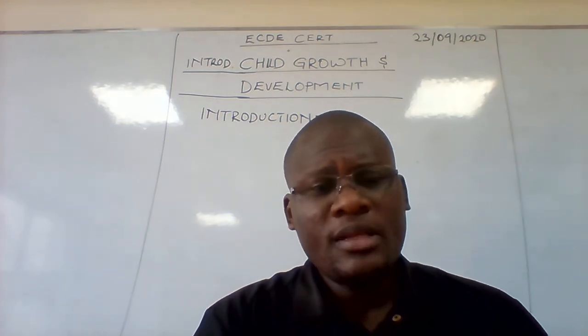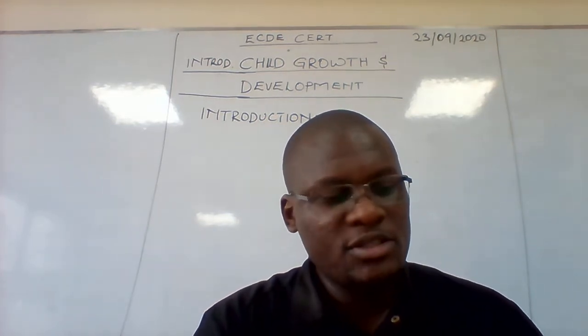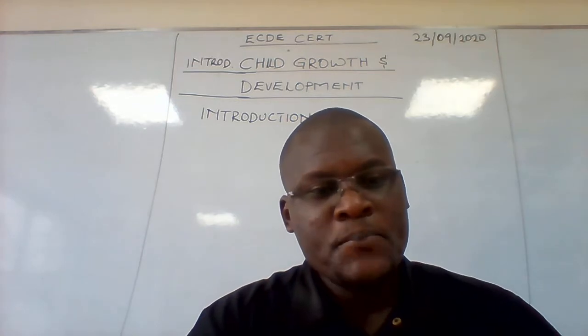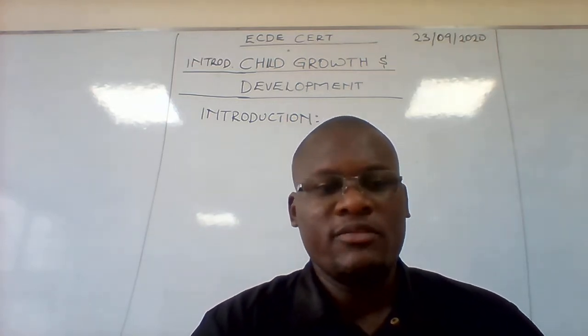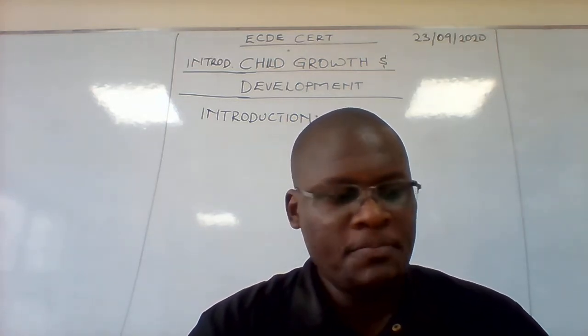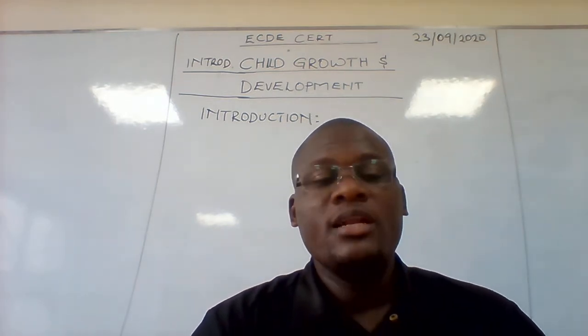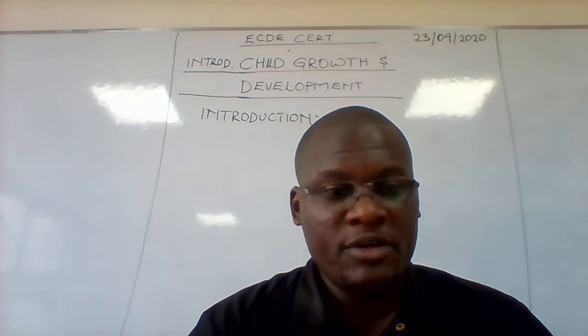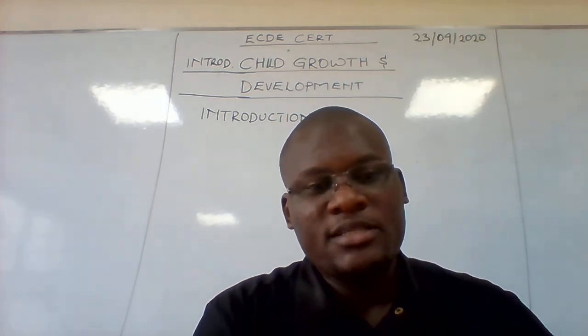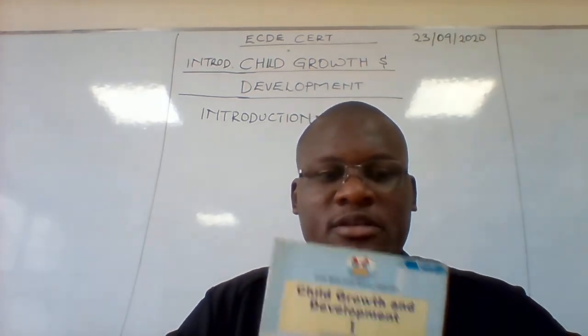In a way, this unit will discuss definitions and terms related to child growth and development at the beginning, and aspects of child growth and development. Then we'll look at child growth and development from conception. If you can get this book, I hope it's clear.